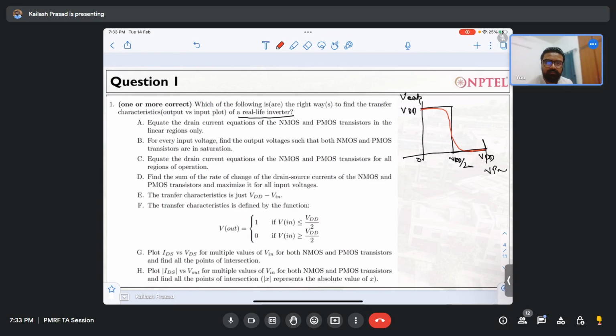Anyone? So anybody knows how this transfer characteristic comes? Anyone? Does anyone know?